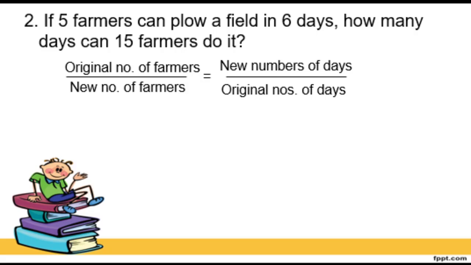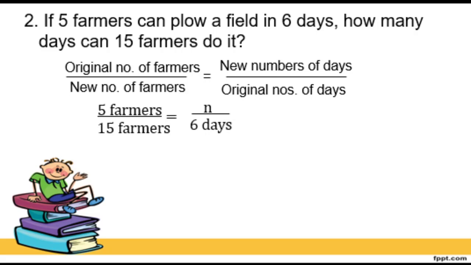There are 5 farmers, the new number is 15, the new number of days is unknown, and the original number of days is 6. And then cross multiply.